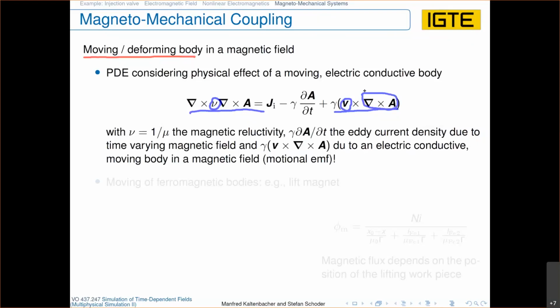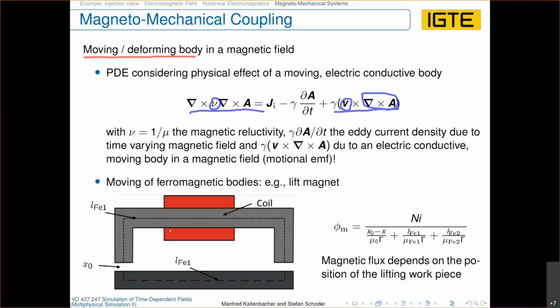What we should not forget actually is that clearly the magnetic vector potential will also change in any case, even if we have moving parts where the conductivity is zero, so we would not have this additional term, but the configuration somehow changes. And that is the big challenge, which is shown here. Very simple.